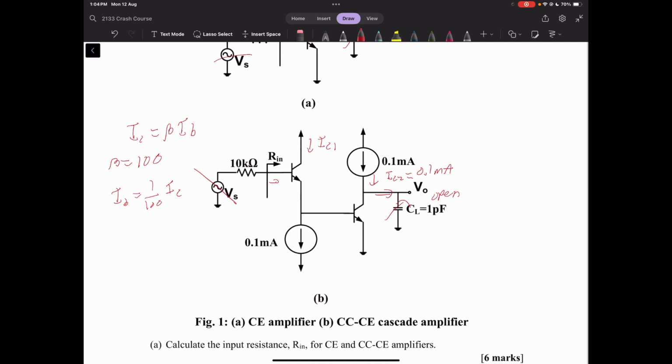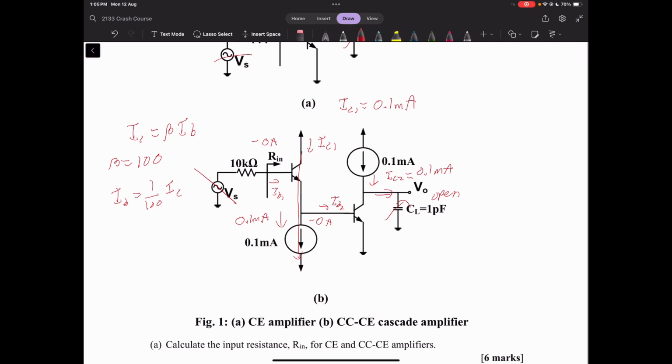And you can see that this is IB1, and that current there is IB2. So these base currents are going to be quite tiny. So if we make the assumption that these are approximately 0, then we can say that IC1 has to be this whole current through here, which means that it is equivalent to the DC current at this current source. So we can make the approximation and say IC1 is 0.1 milliamps.